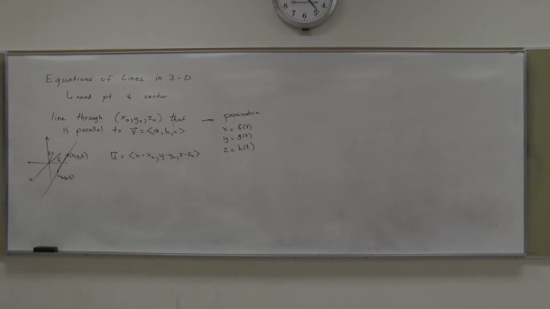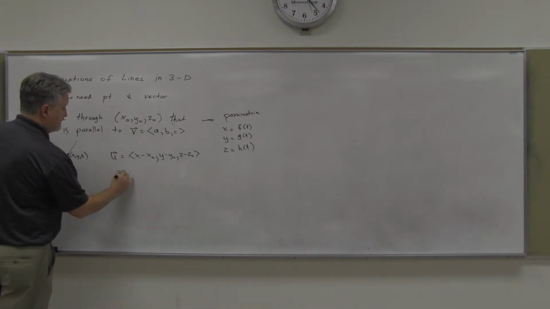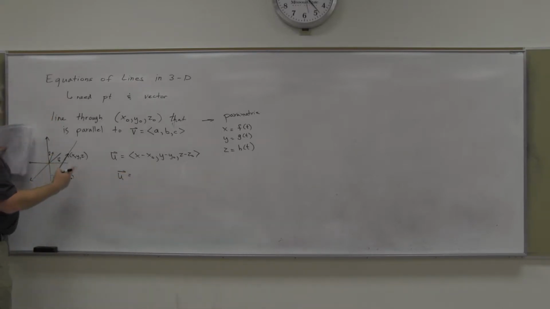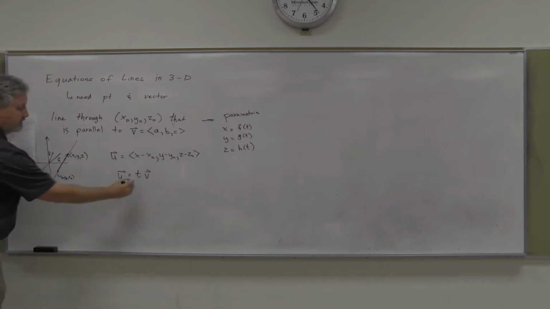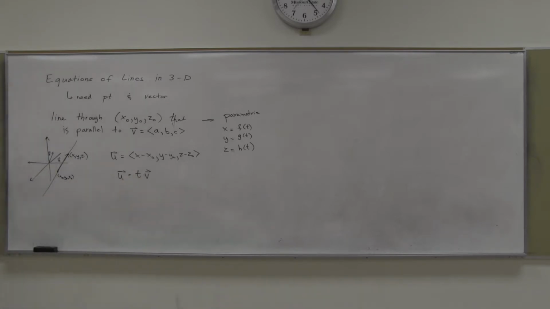All right, we're going to go with u then is some multiple of v, and that's where our parameter is going to come in. We're going to choose our multiple to be t. So u can be twice as long, 3 times as long. Just depends on x, y, z, of course.